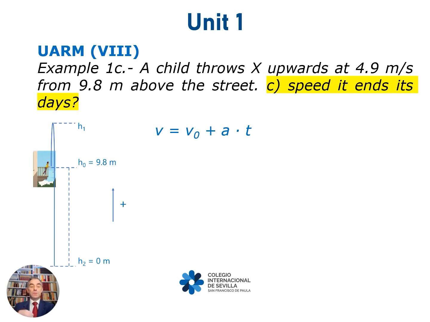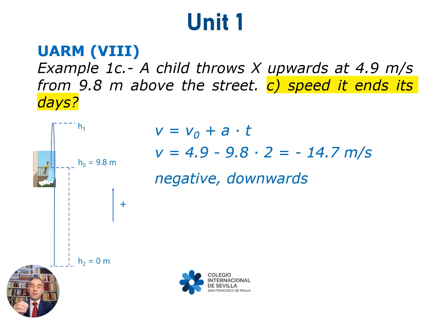So the speed we want will be the initial speed 4.9 minus 9.8, the acceleration, times 2, which is 14.7 meters per second. Minus 14.7 meters per second, a negative value because it is going downwards, and we had said that positive was upwards.